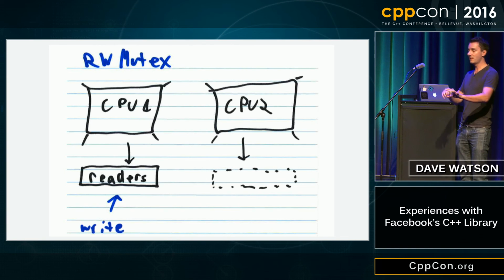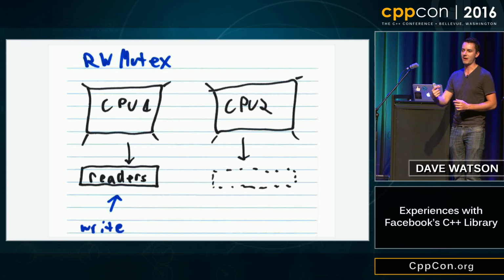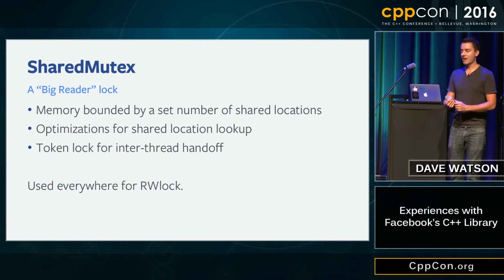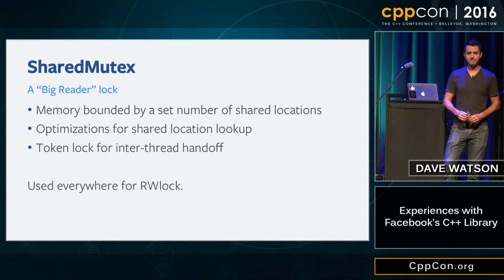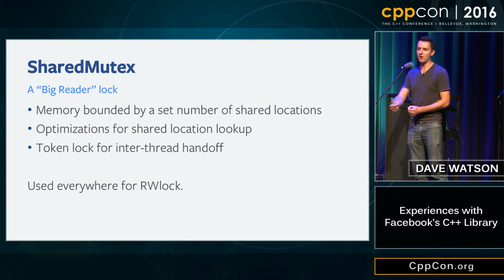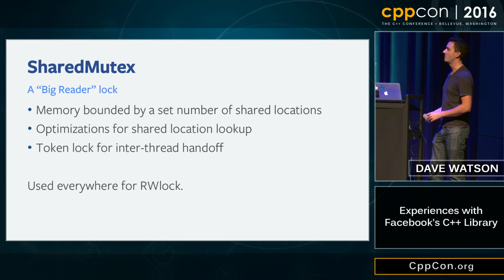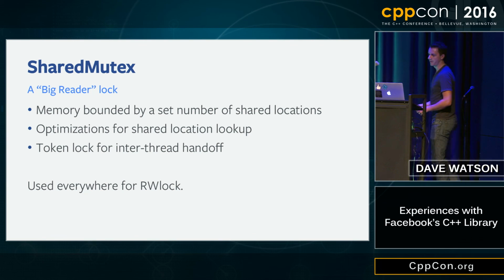So if between lock and unlock you're migrating CPUs, you have to slowly round up all of them. Instead of trying to search for your actual node, you could return a token from the lock method. So the lock method could say, hey, you are actually locked on CPU 1. If you're migrated somewhere else, you can just unhook from CPU 1. So it's another little optimization we've put in there.